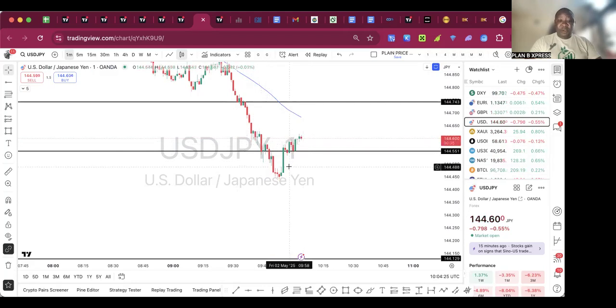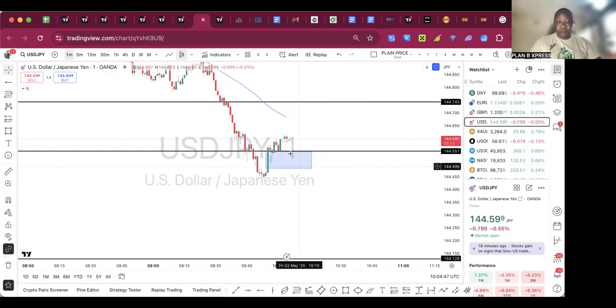This market is going to return back here because of this FVG. So you expect the market to return to this area, perhaps because of this point.